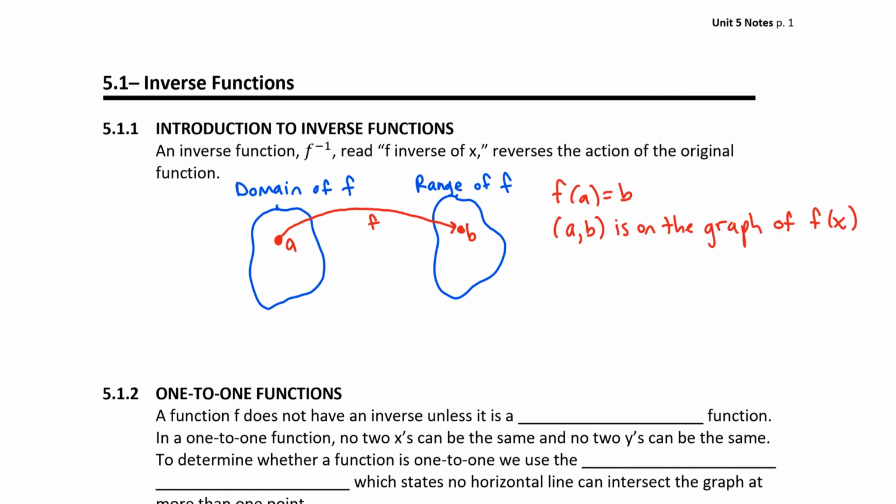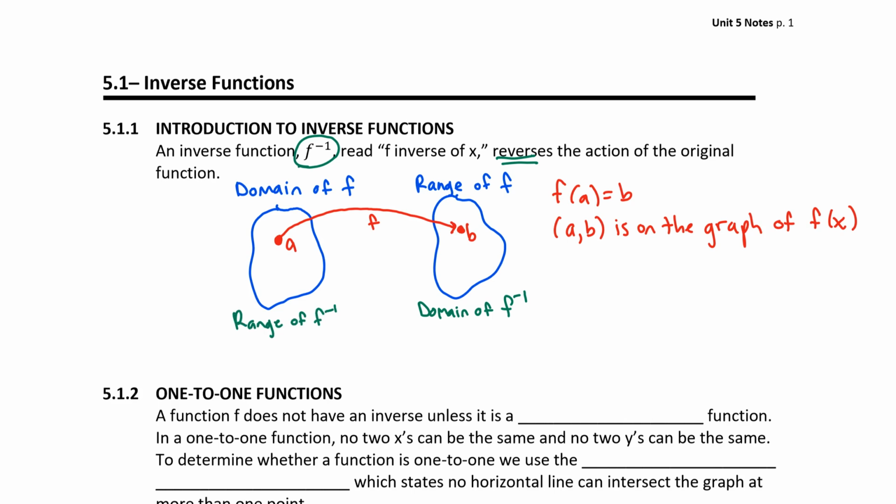So let's take a new function defined or labeled as f inverse of x, and we're going to use it to reverse the action of the original function f. So if f ends in the range, then f inverse begins in the range. So the range of f is the domain of f inverse, which means the domain of f is the range of f inverse.